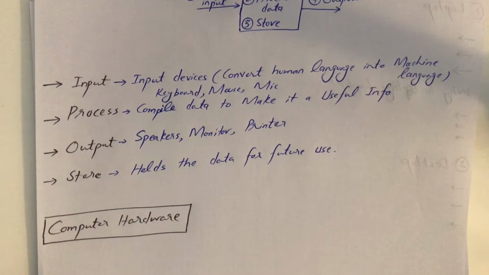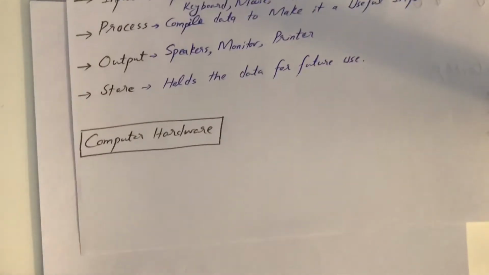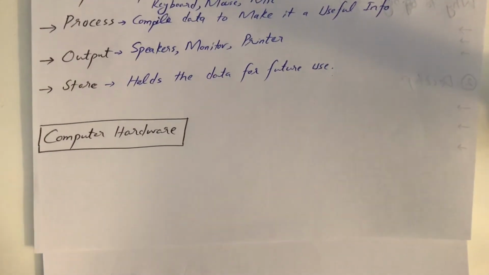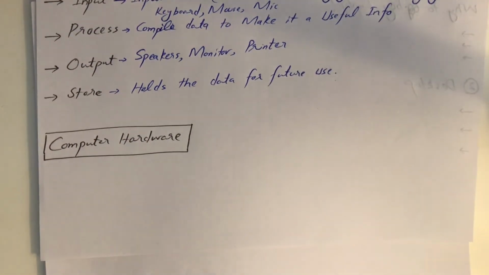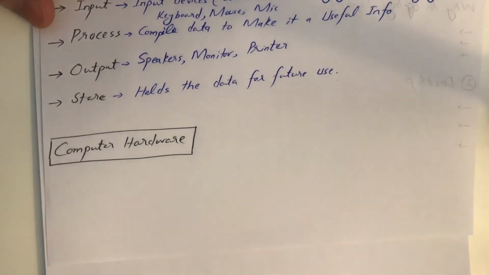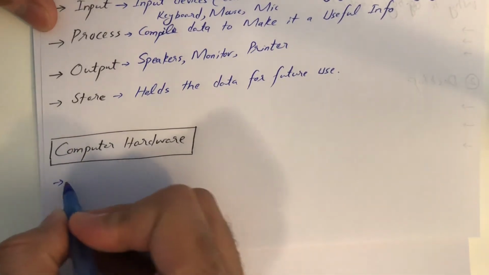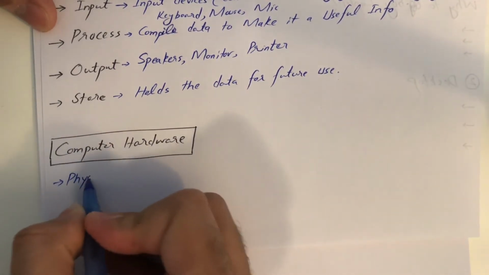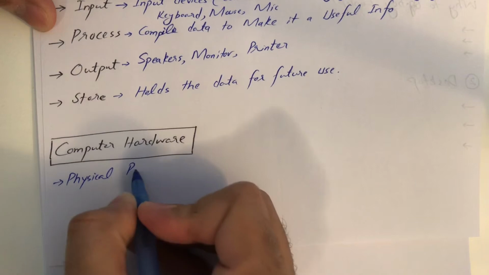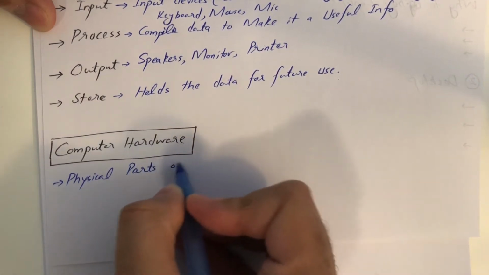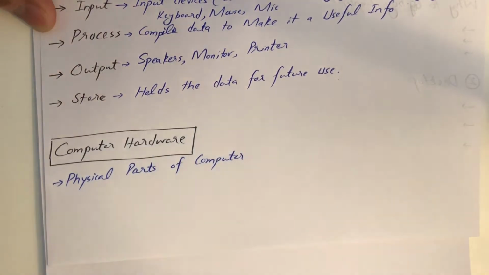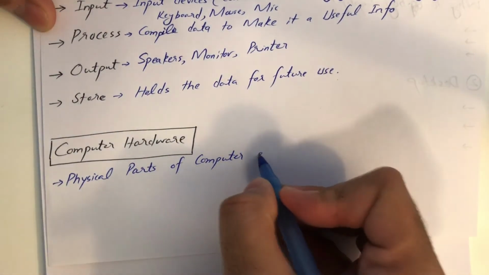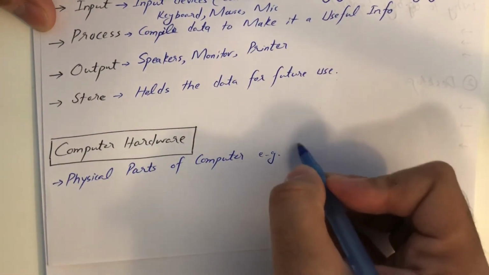Before I move to the types of computer, there are a few terms that you need to know. One of the terms is computer hardware, and you will see this term again and again. What is computer hardware? Computer hardware is basically the physical parts of a computer. Physical parts of a computer are, for example, the system unit.